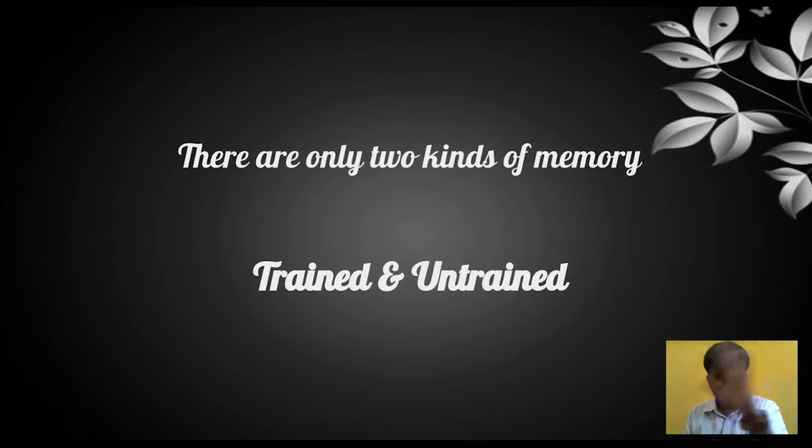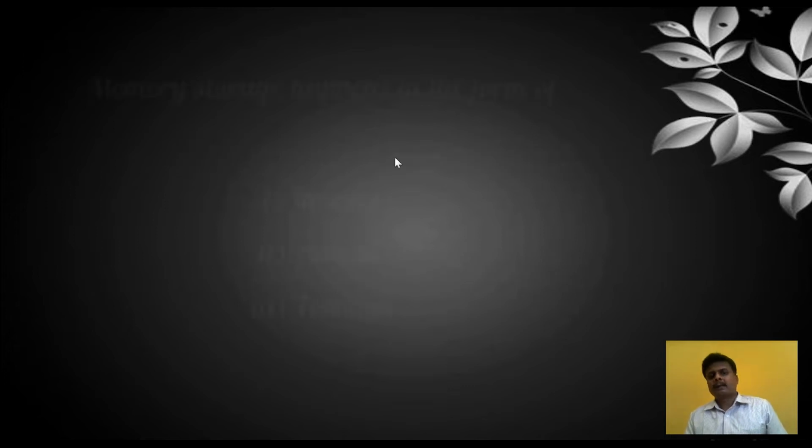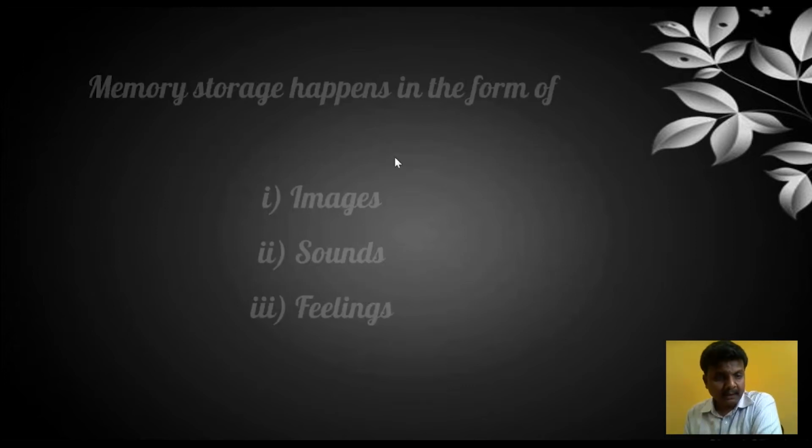My brain is untrained. So with the techniques that you're going to learn now, you can train your brain or leave it untrained. But the more you use it, the sharper it becomes. I think I've already told you this.